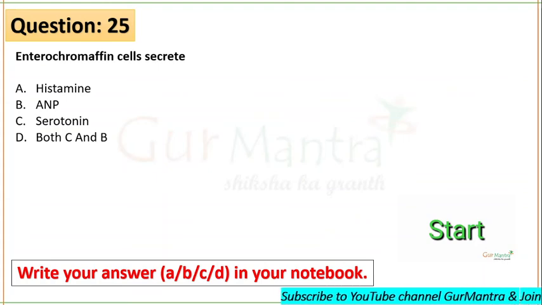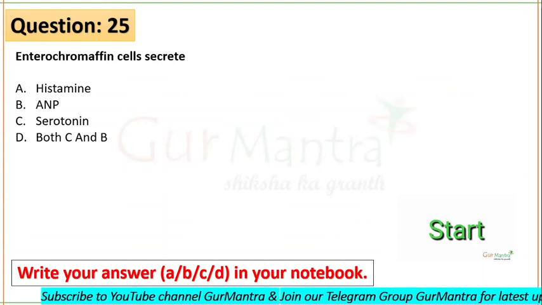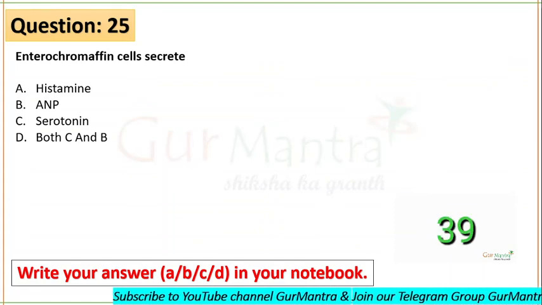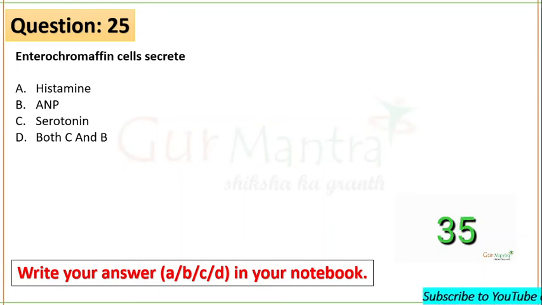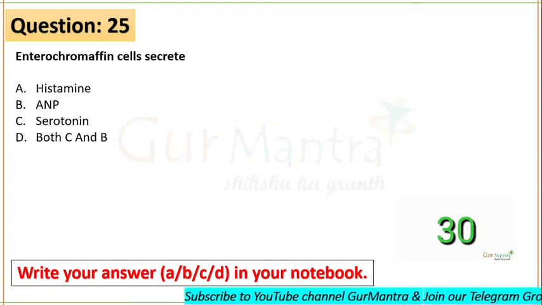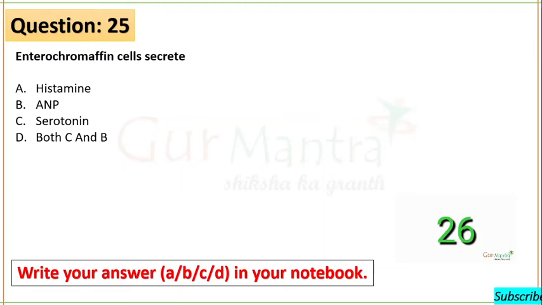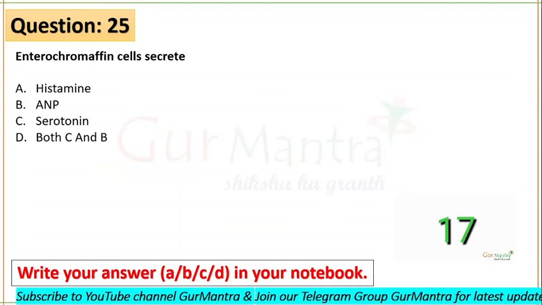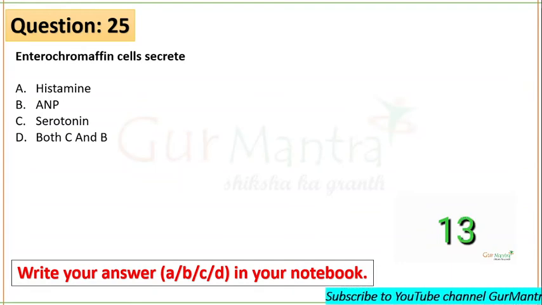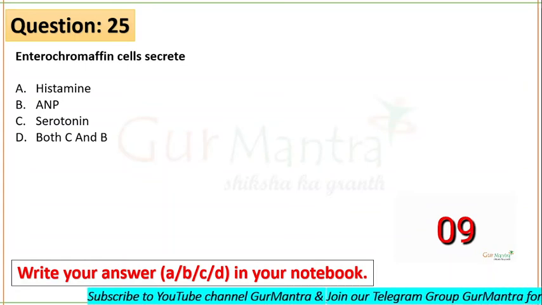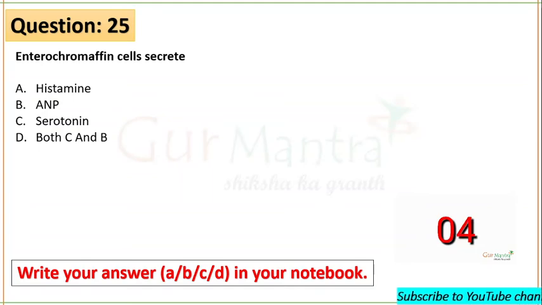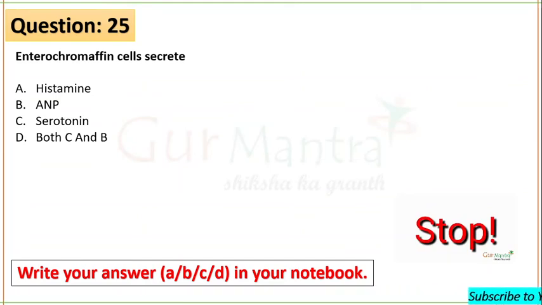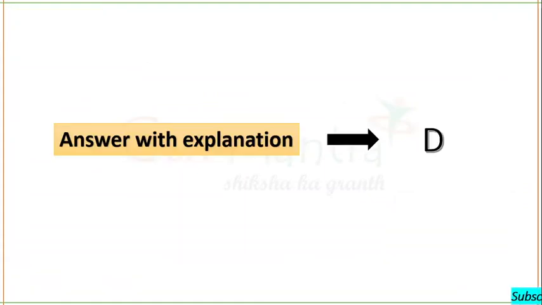This is your right question now. Enterochromaffin cells secrete both C and B, like atrial natriuretic peptide and serotonin. D is your right option. Next question is on your screens.